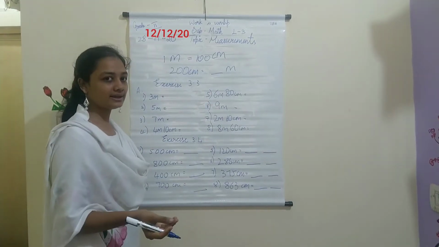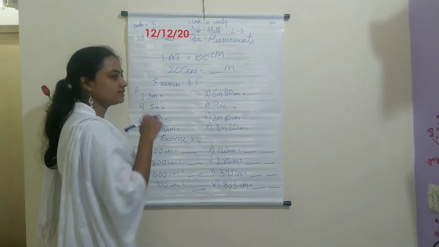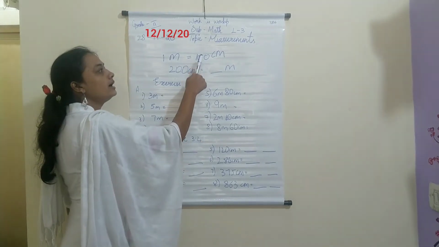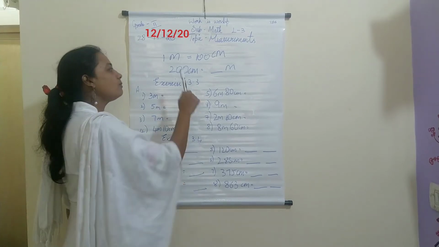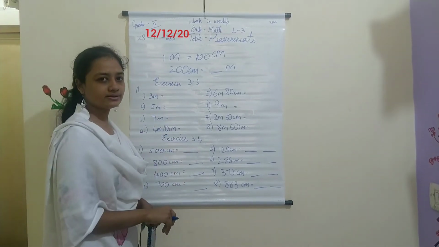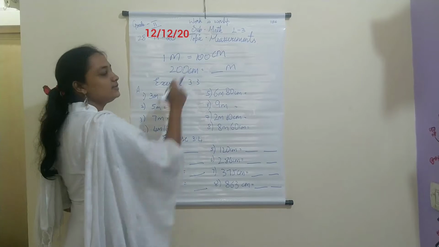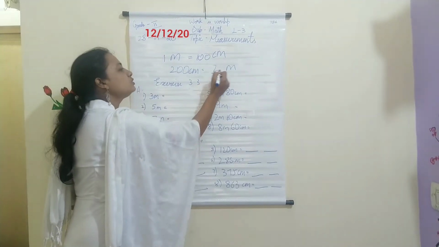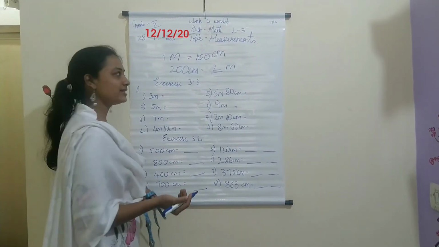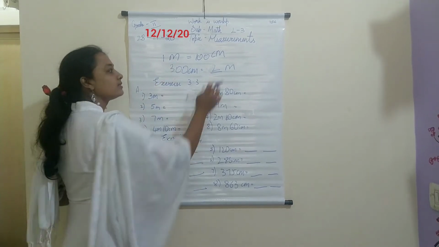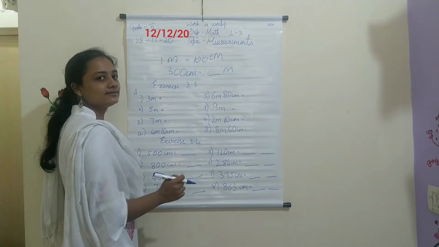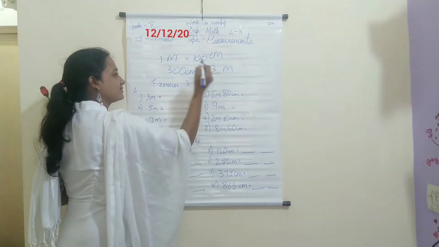How will I write that? You know 100 centimeters is 1 meter. Then how much will 200 centimeters be? 200 centimeters will be 2 meters. Just like that, if I have 300 centimeters, I can write it as 3 meters.